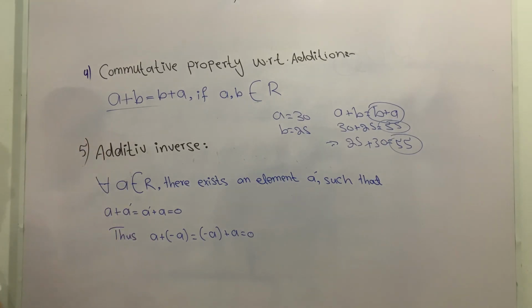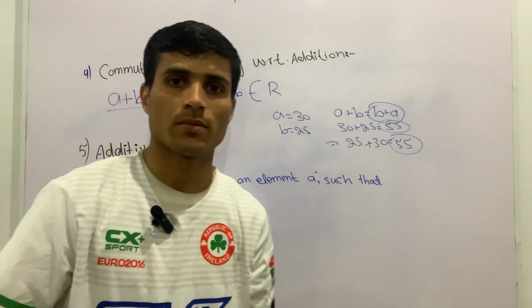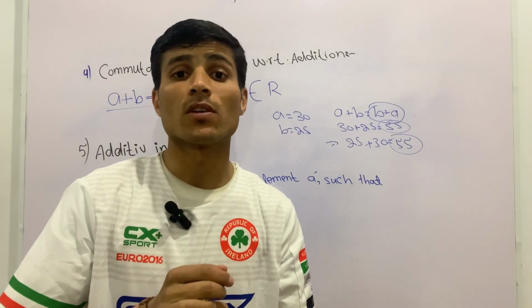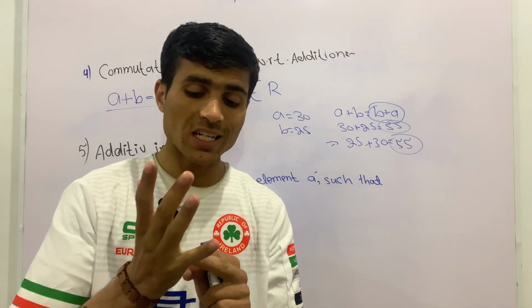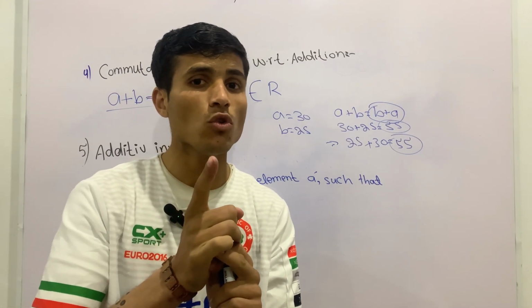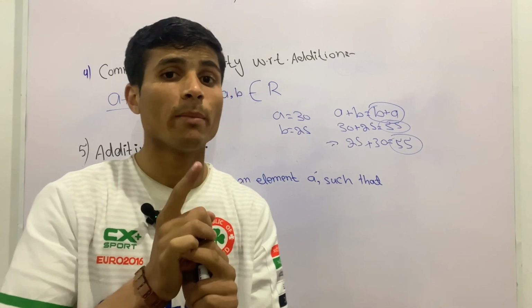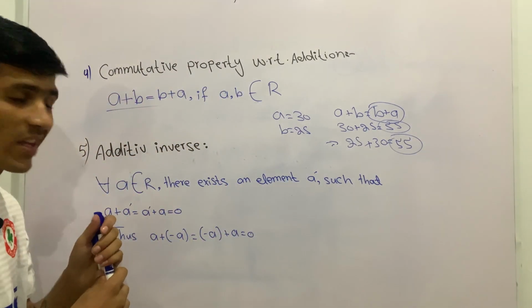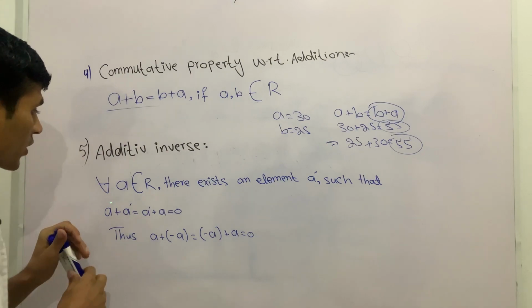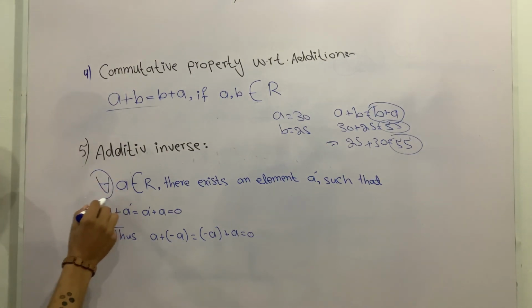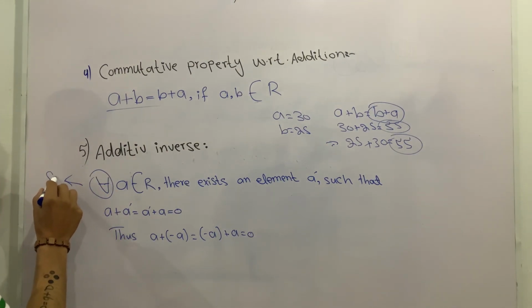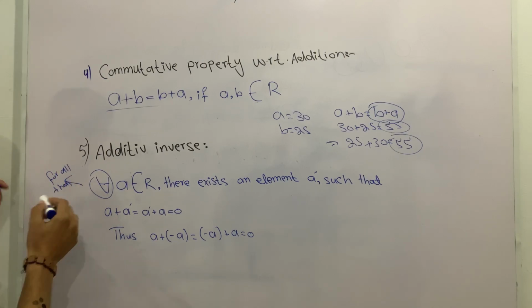The last property is the additive inverse. The additive identity, which I talked about a few minutes ago, is 0, but the additive inverse is something else, totally different from that. This is the symbol for 'for all'.